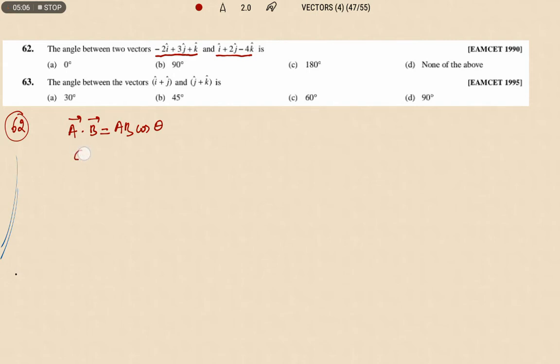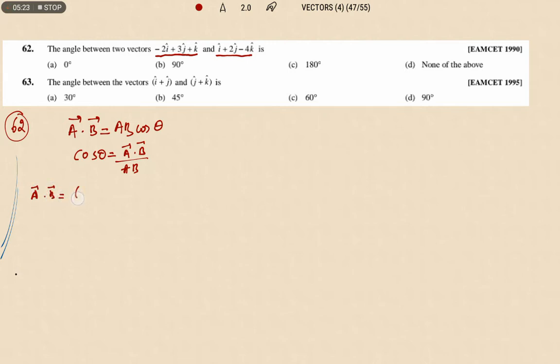First, we should write cos theta. Cos theta equals a bar dot b bar divided by ab. Let us find the dot product between the vectors.